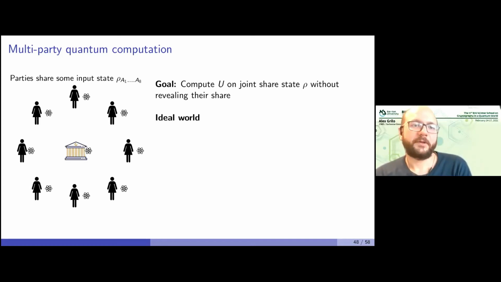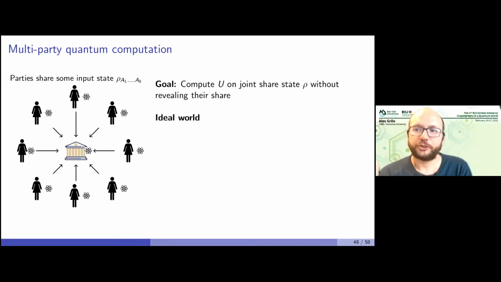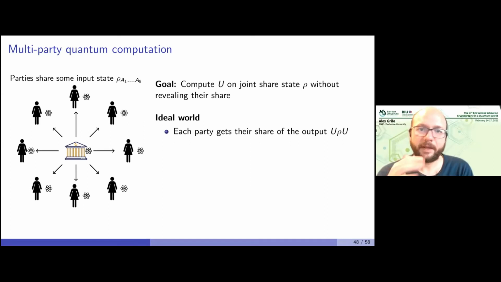To be more precise, in the ideal world we have this quantum trusted party, where each party sends their share of this quantum state rho. This trusted party applies the unitary on this quantum state and sends back their share of the output of U applied on rho.